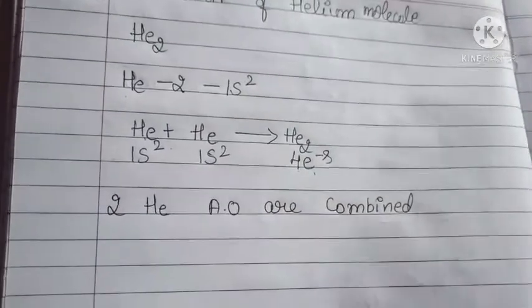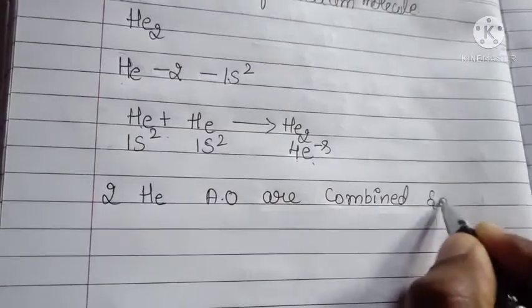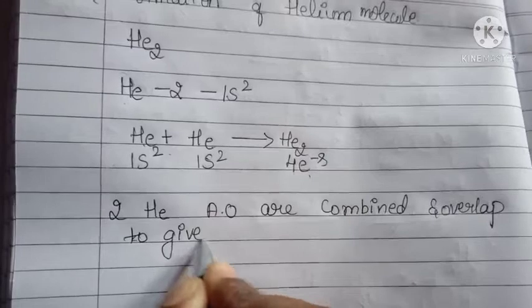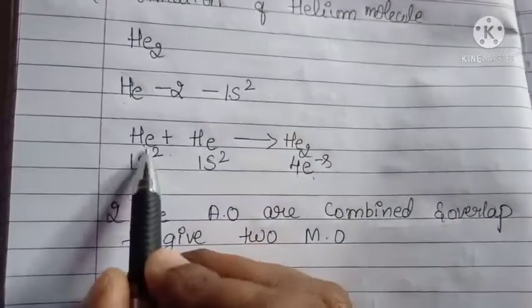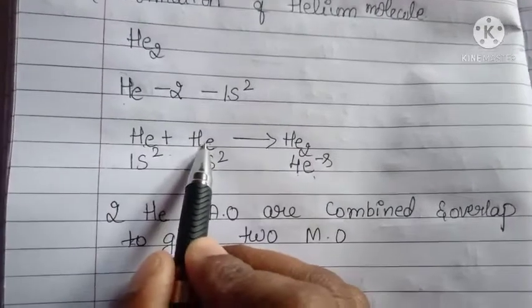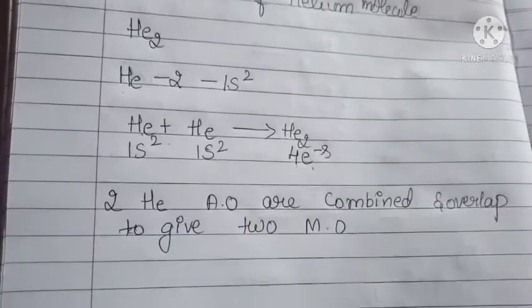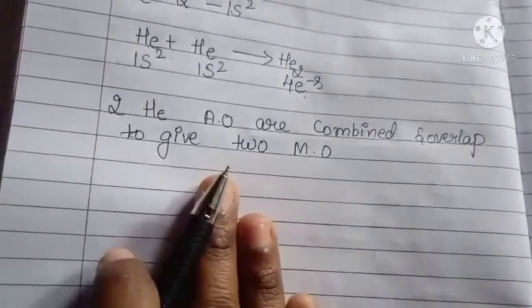So how many molecular orbitals are formed? They combine and overlap to give 2 molecular orbitals. Here 2 atomic orbitals overlap to give 2 molecular orbitals. In that, ABMO and BMO are formed.